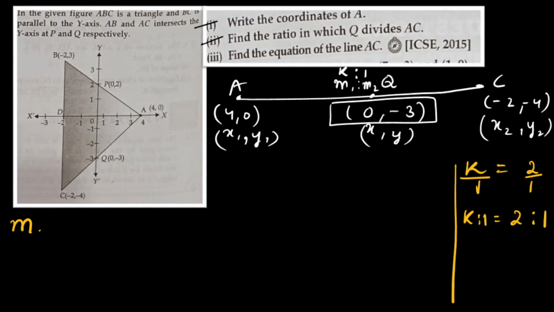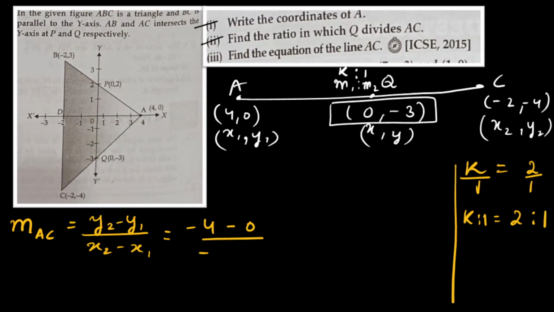So slope of AC I am finding. Slope of AC I have to use the coordinates of A and C. Formula is y2 minus y1 by x2 minus x1. So y2 is minus 4. Minus 4 minus y1. Y1 is 0. X2 is minus 2.